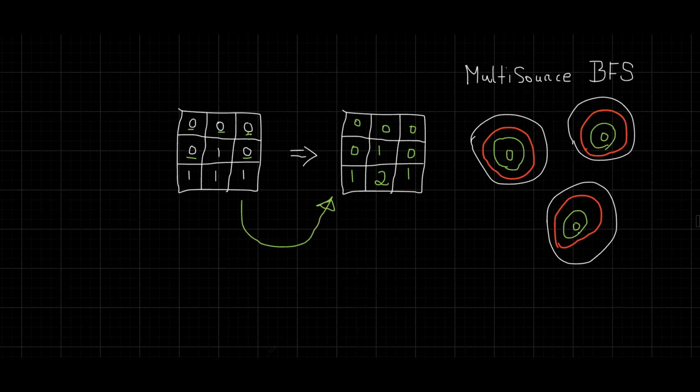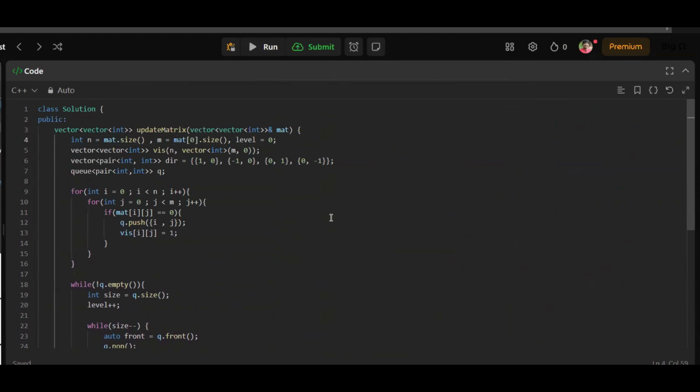Now let's move on to the code. In this problem, the code is pretty simple. At first, we are given a function named updateMatrix, which has a two-dimensional matrix as a parameter. Now we are calculating the dimensions and the number of levels is initially 0. Now we are taking an n by m matrix, which is the visited array, which will store which elements we have visited so far.